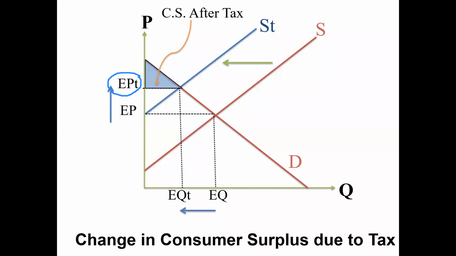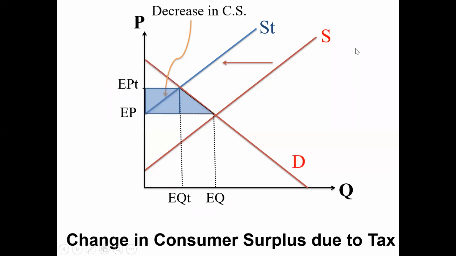So you can clearly see that consumer surplus comes down due to the tax. Consumer surplus decreases by this area due to the tax.